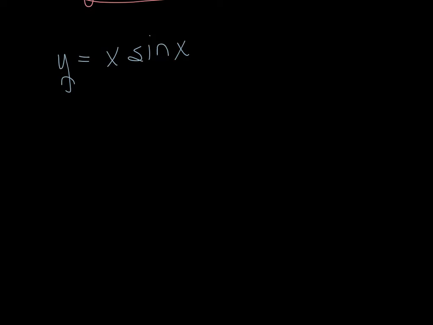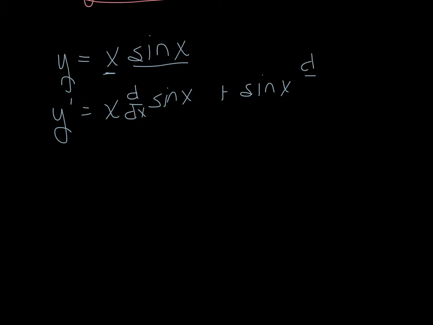Let's look at another option here. Here we have y equals x times the sine of x. So I have a product, first term, second term. So when we take the derivative, it's the first term times the derivative of the second plus the second term times the derivative of the first.